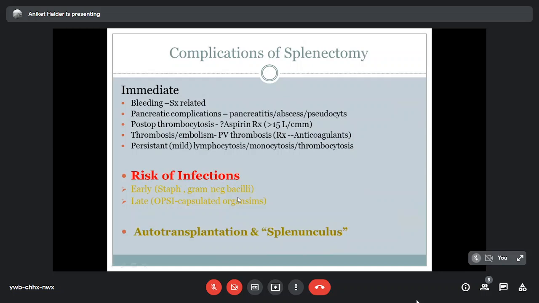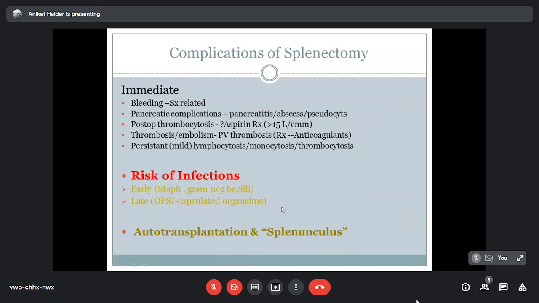As I had said, the spleen has a specialized marginal zone, which is rich in the marginal zone B cells, which are the specialized cells against these encapsulated bacteria. And also the marginal zone of the spleen has the specialized macrophages, which are also involved in the innate immunity through different pattern recognition receptors and the toll-like receptors.